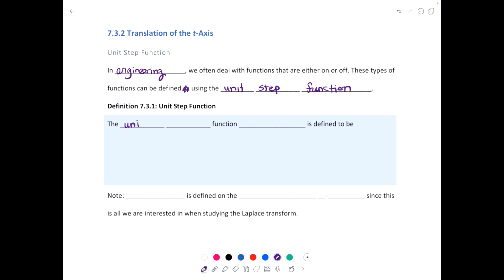So definition 7.3.1, unit step function. The unit step function, and the author does a fancy U, at t minus a, is defined to be either off, so 0 would be off, for 0 less than or equal to t less than a, or it's on, so 1 would say that it's on, and that would be for t greater than or equal to a.